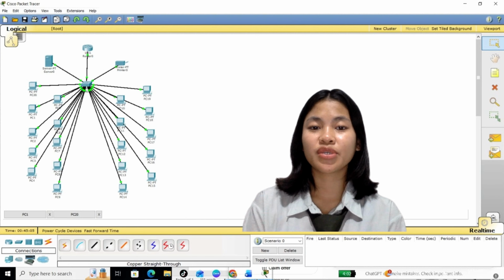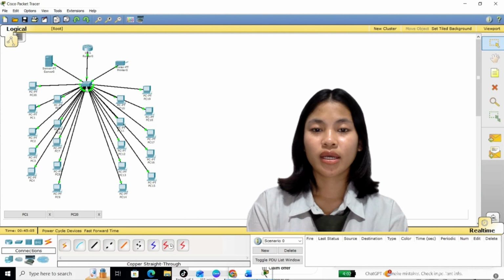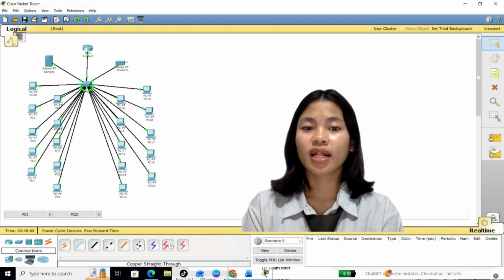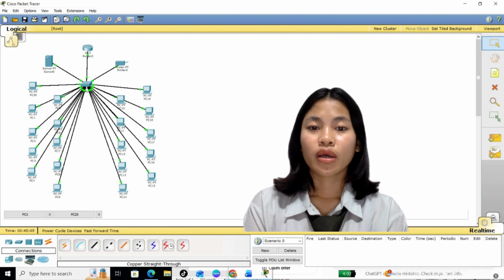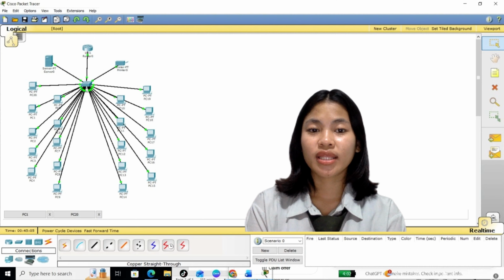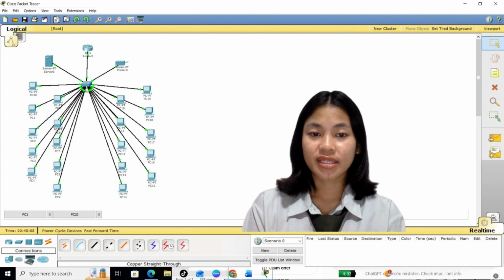This simulation used several network devices: 1 router, 1 switch, 20 client computers, 1 server, and 1 network printer. The switch serves as the central connection point, connecting all devices on the network.